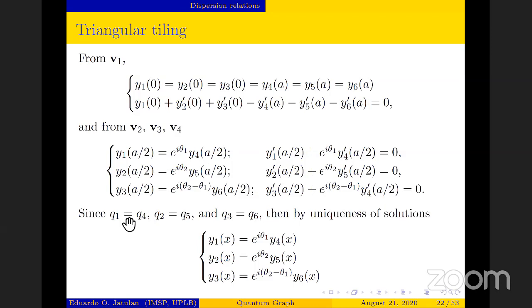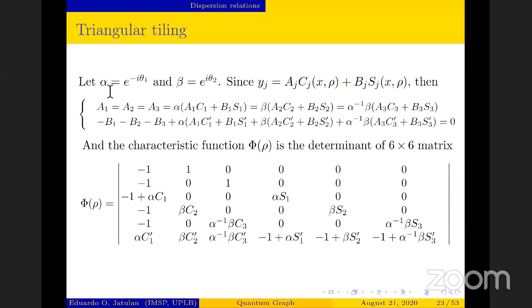Now since Q1 is equal to Q4, Q2 is equal to Q5, Q3 is equal to Q6, then by uniqueness of solutions, we can have these relationships: Y1 is equal to Y4 with some phase factors. From that, we can have these equations, with the notations e^{iθ1} and e^{iθ2}.